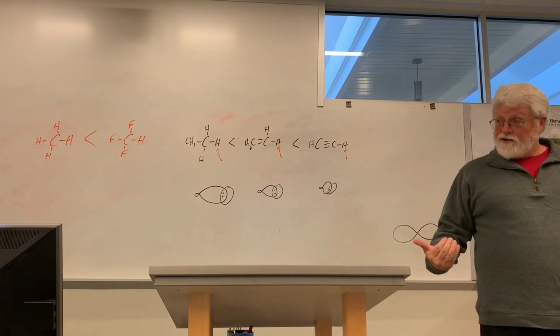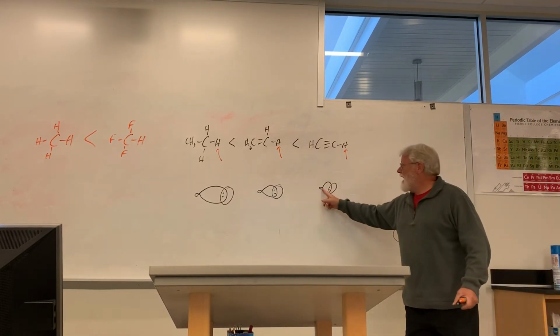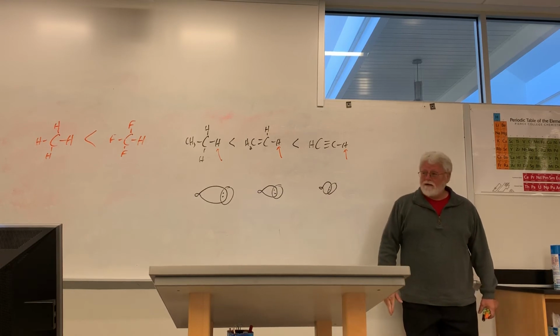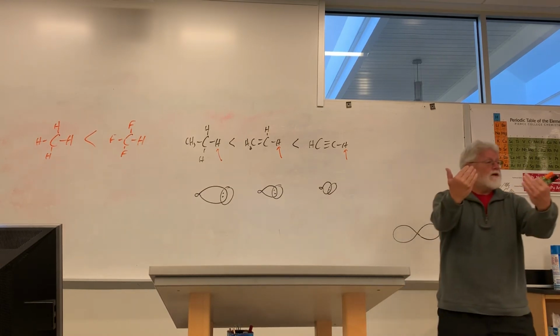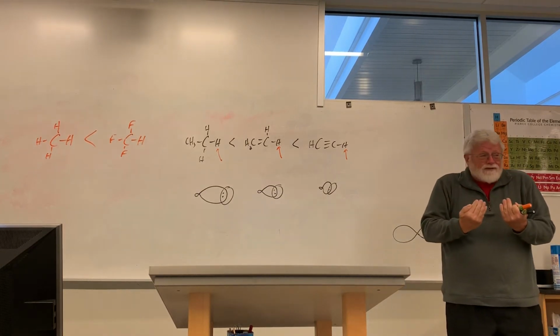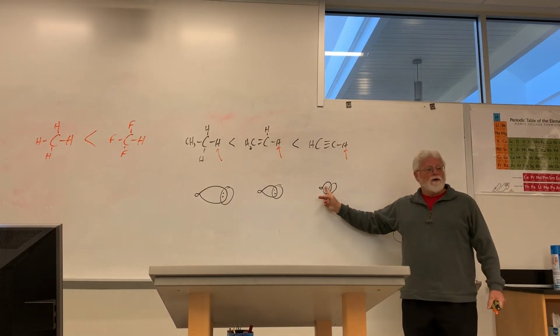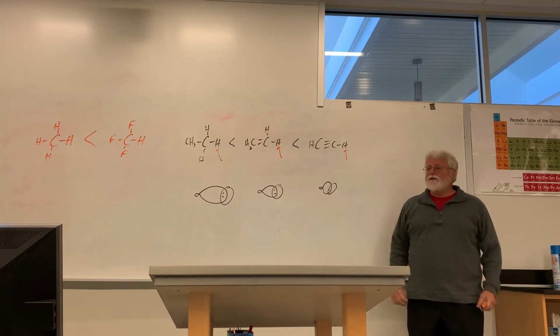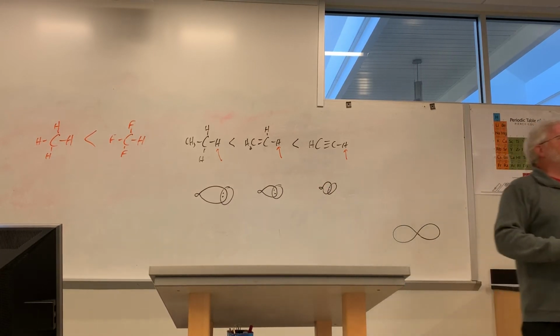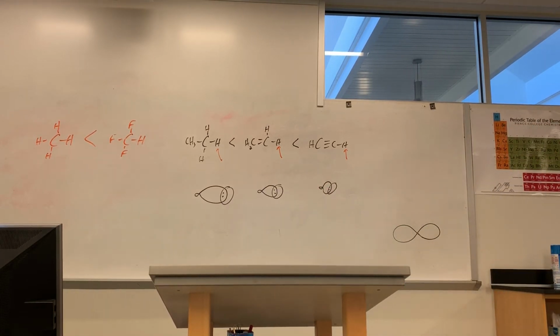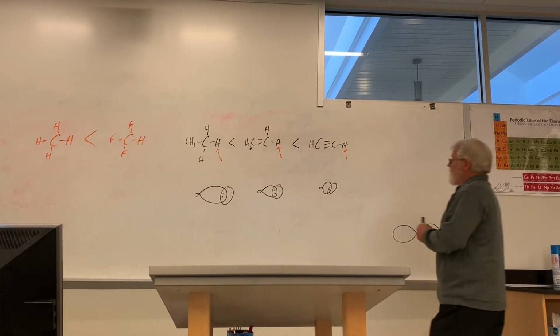In effect, an sp hybridized carbon is more electronegative. Electronegativity is all about sucking electron density its way in a bond. The sp hybrid orbital pulls that pair of electrons closer to the nucleus. In effect, an sp hybridized carbon is more electronegative than an sp2 hybridized carbon, which is more electronegative than an sp3 hybridized carbon.